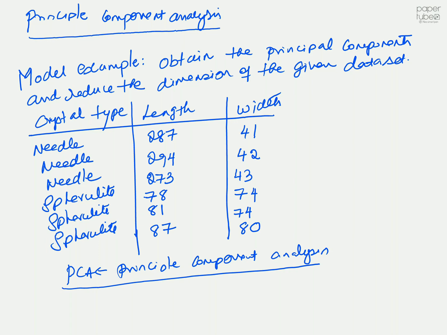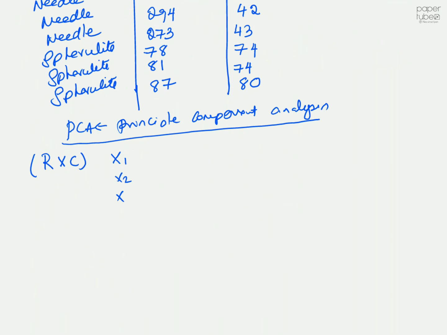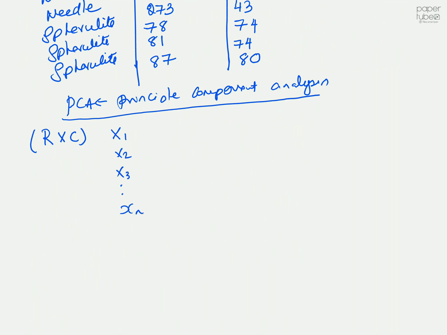Especially if we have a very big data. Whenever I say dimensions of the data, it refers to rows multiplied by columns. So if we have, for example, x1, x2, x3, say xn, y1, y2, y3, say yn, z1, z2, z3 until zn, if you count here, you have n rows and 3 columns.